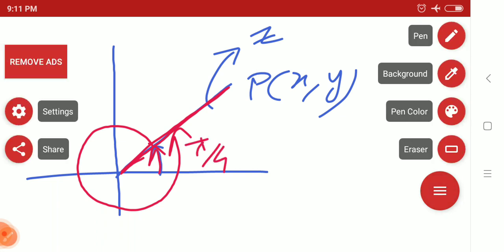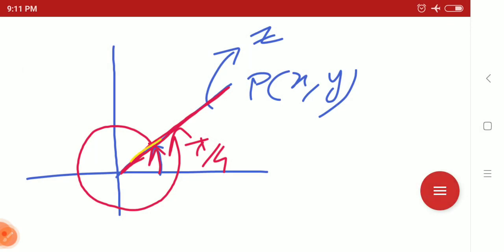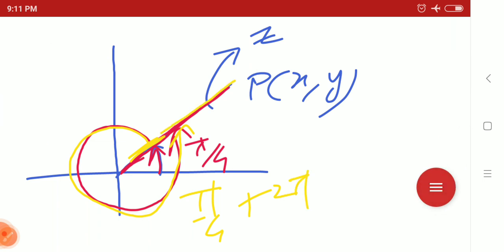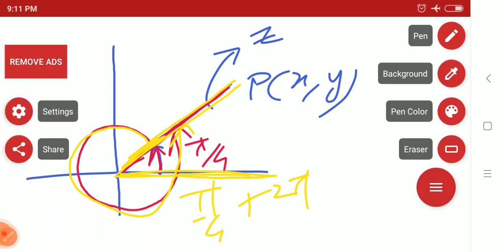Now you are coming from this point, try to understand. Now you are rotating in such a way that you are again coming to this complex number. That means pi by 4 plus 2 pi is added to the rotation, but you are getting the same point. Suppose you are standing here, and here it is a complex number.